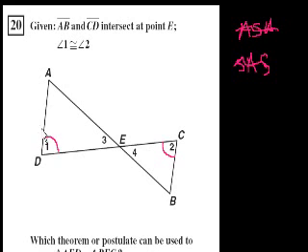In fact, I think that's enough to show that this line is parallel to this line. Because if you view DC as a transversal between these two lines, and the alternate interior angles are congruent, you know that those are going to be parallel lines. But anyway, I don't know if that's at all useful.